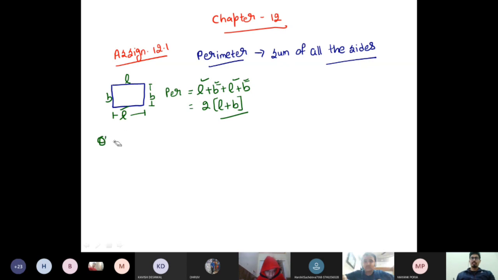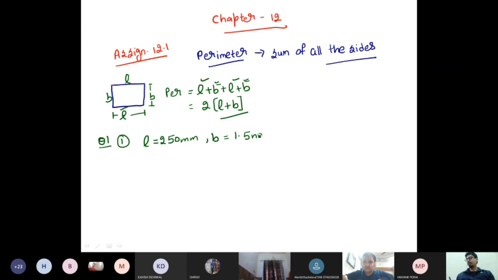Now let us discuss the first question, first part. The sides of the rectangle are: length is 250 millimeter, breadth is 1.5 meter.